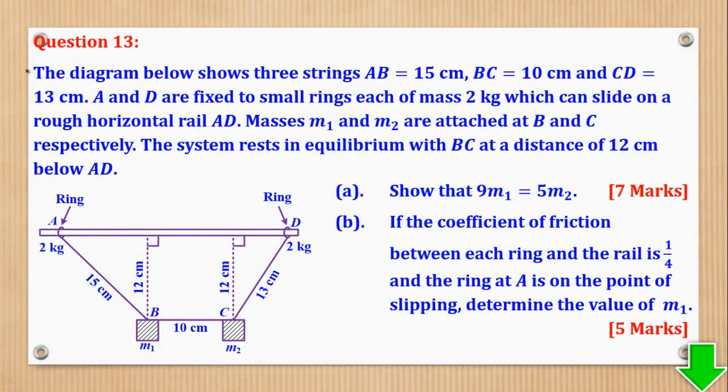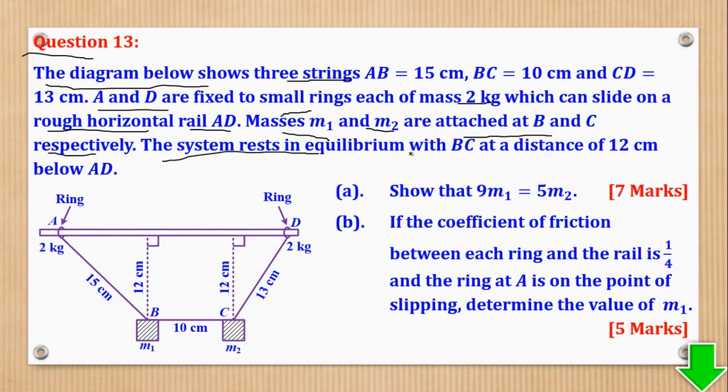Then question 13 says: the diagram below shows strings AB, BC, and CD. A and D are fixed to small rings, each of mass 2 kg, which can slide on a rough horizontal rail AD. Masses M1 and M2 are attached at B and C, respectively.